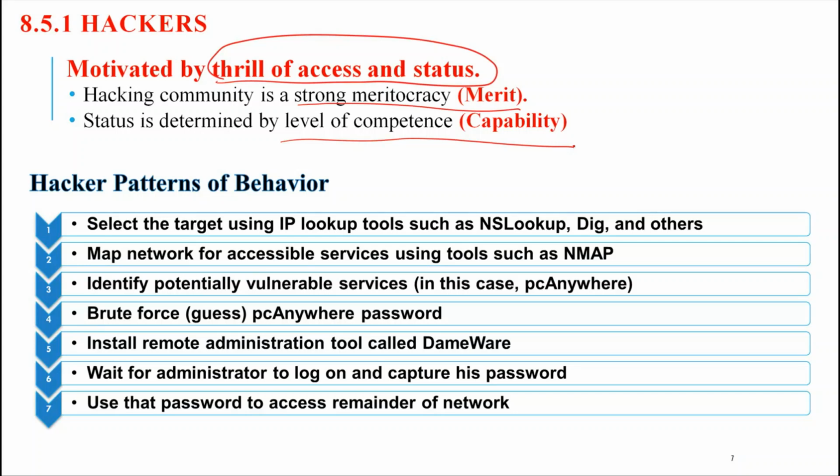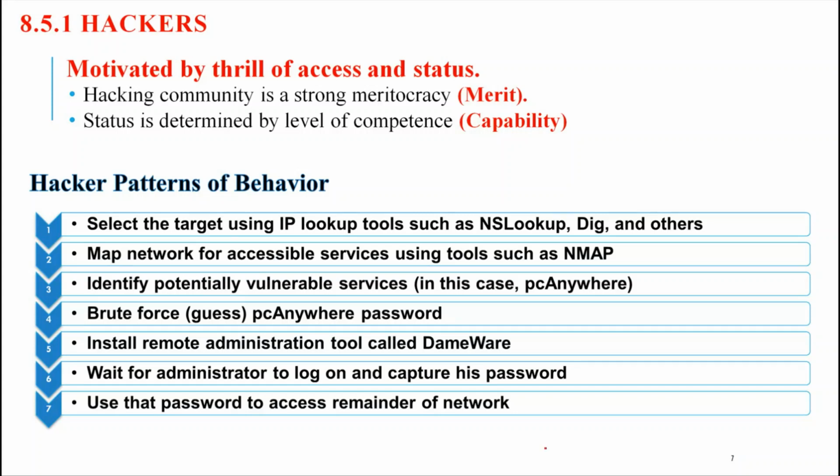Now if you go for the hacking patterns of behavior, there are some steps available. The first step is to select the target using IP lookup tools such as NS lookup, or dig, and other tools. That means the hacker, or the attacker, the intruder we can say, is going to select a target machine.